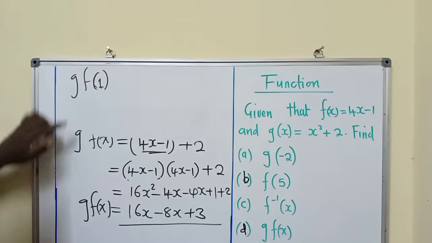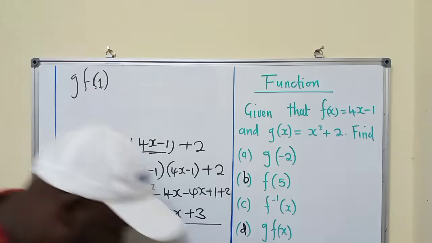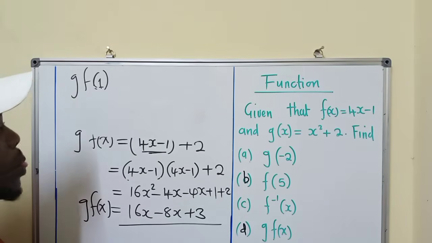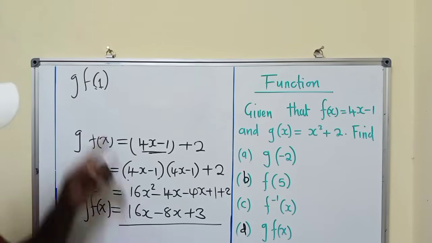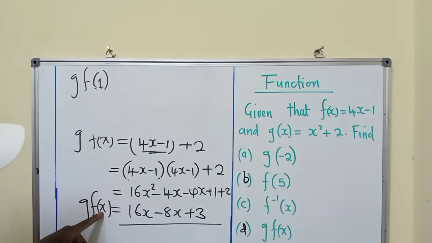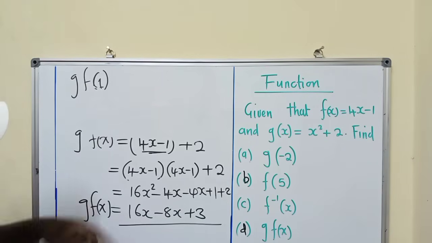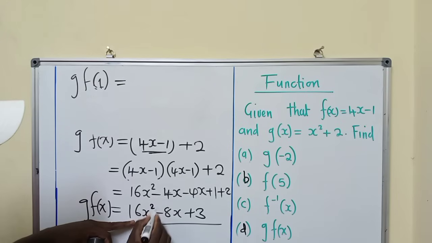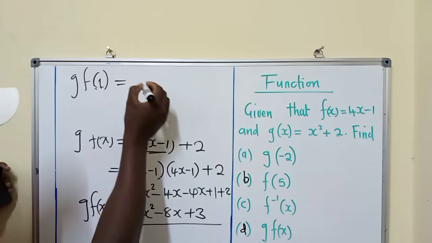Can you guess what to do? Remember, I said you substitute like we did here. So meaning, you see there is x here. There is 1 there. Meaning, you're going to put a 1 wherever there is x. Oh, actually, this is power 2.